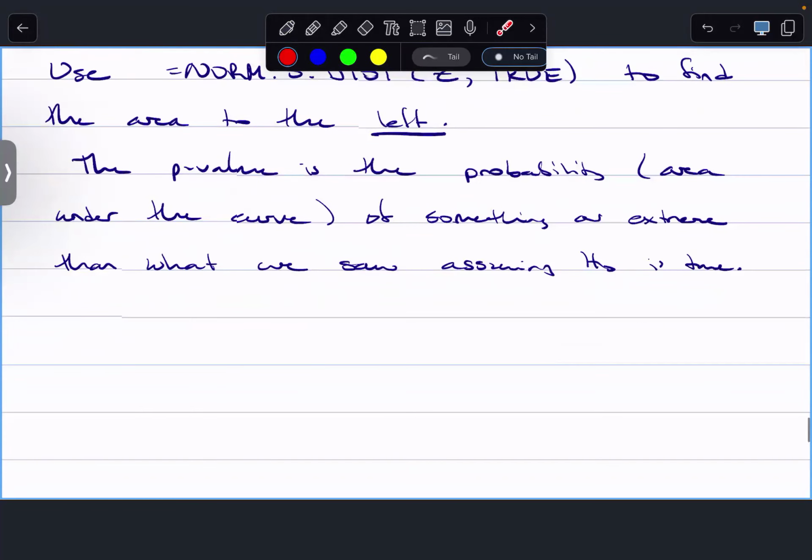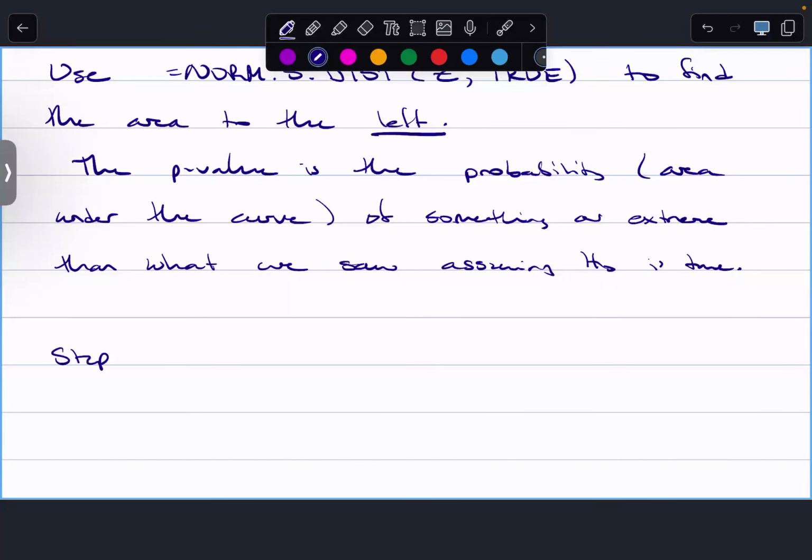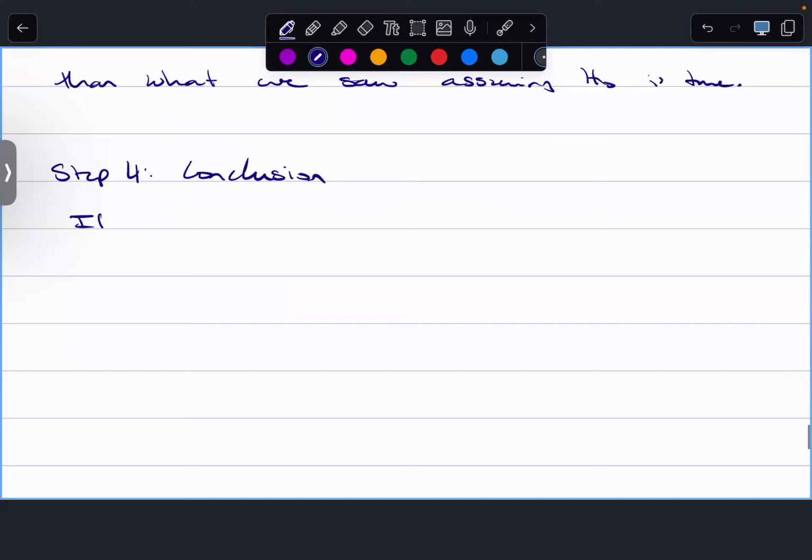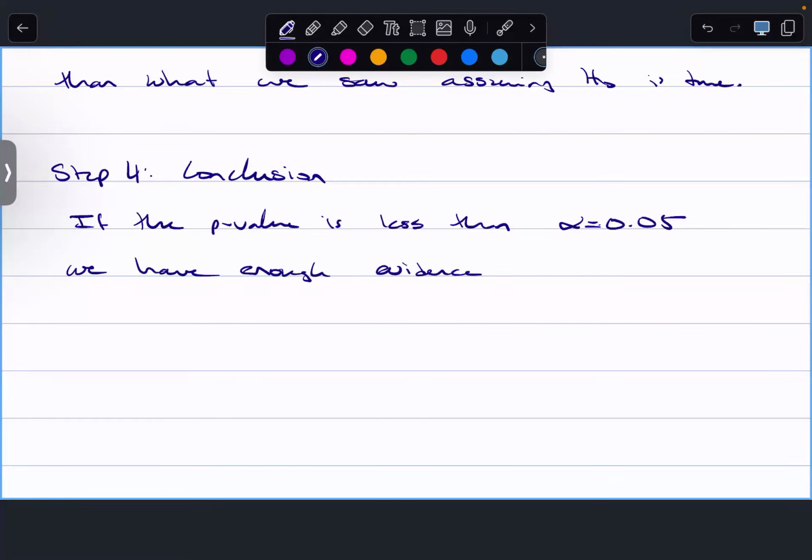And then the conclusion stays the same. To me, of course. To you, maybe not so much. The conclusion, you want to compare. So if the p-value is less than alpha equal to 0.05 as the default, we have enough evidence to reject H naught, in favor of HA.